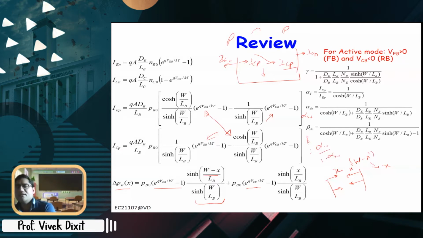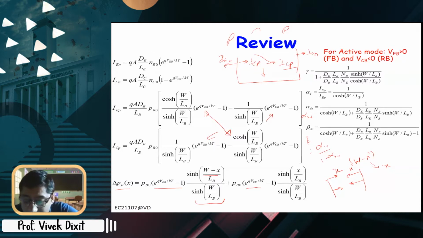If you operate this BJT in normal mode, we call this alpha N, from emitter to collector. If you operate in inverse mode or reverse mode, then the collector acts as emitter and current flows from collector to emitter, and that we call alpha inverse or alpha reverse, or beta reverse, and the expression will be similar.